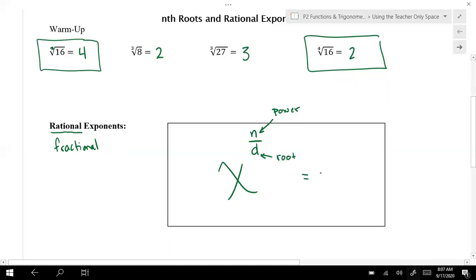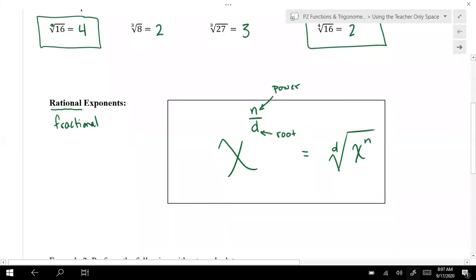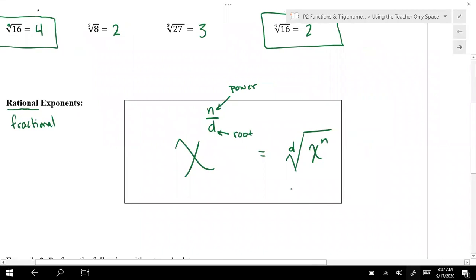So we could actually view this as the dth root of x to the n, or equivalently the dth root of x all raised to the n. So both of those are acceptable.